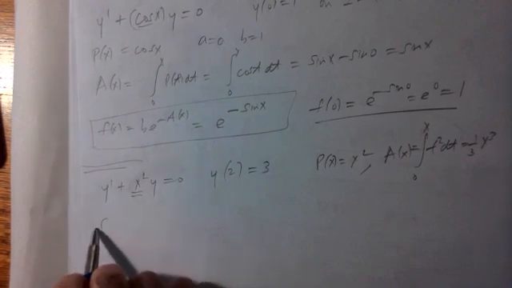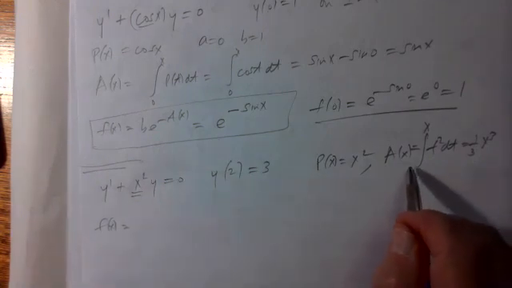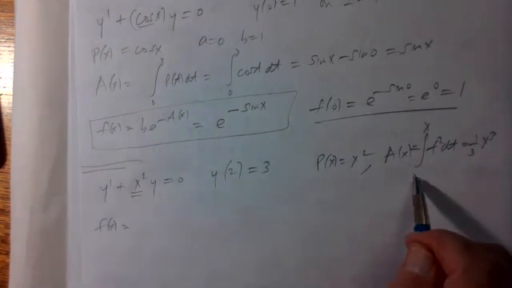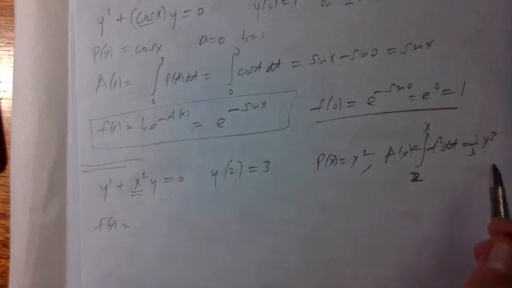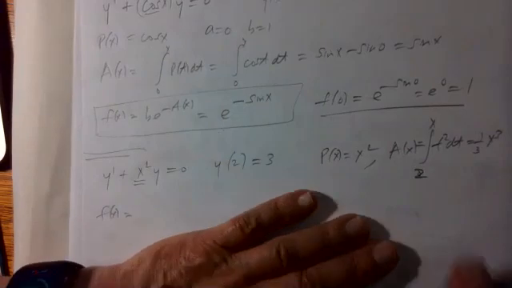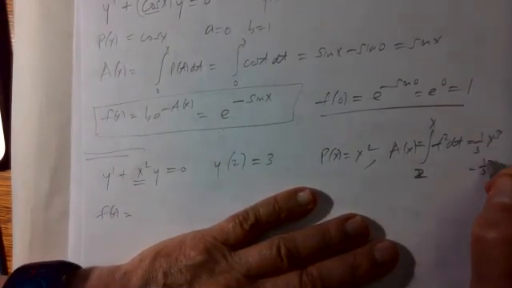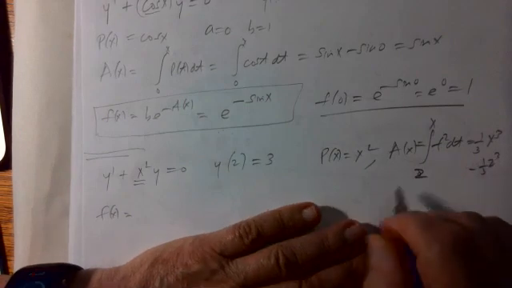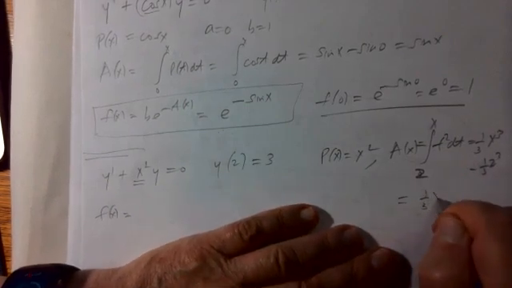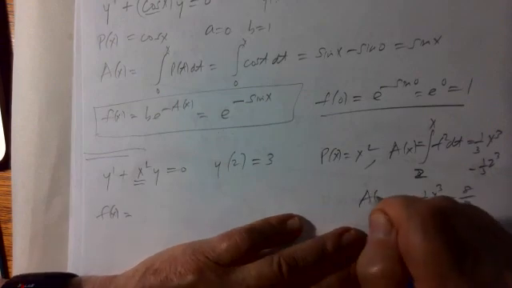So my function f of x is going to be, this should be from a, so a is equal to 2. So this is 1/3 x cubed minus 1/3 2 cubed. So this is equal to 1/3 x cubed minus 8/3.